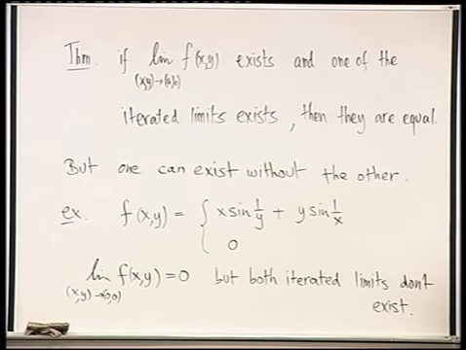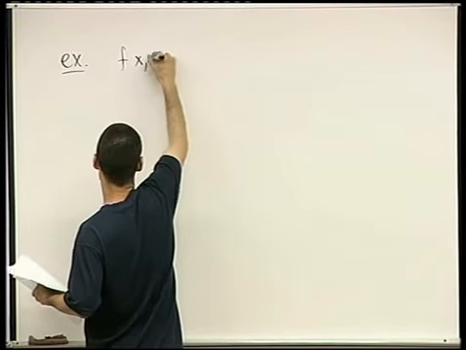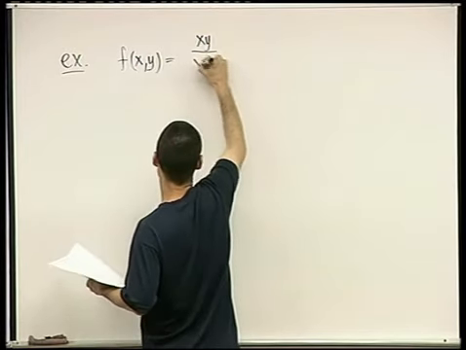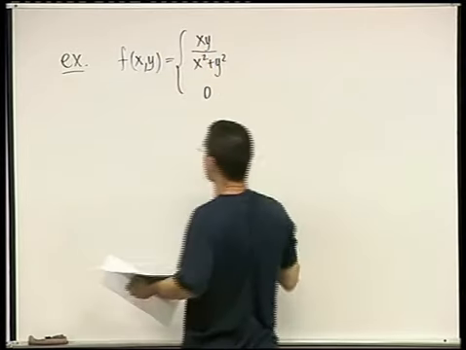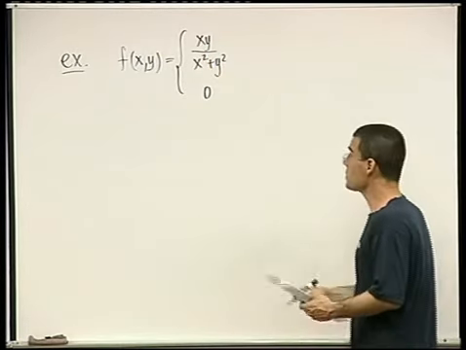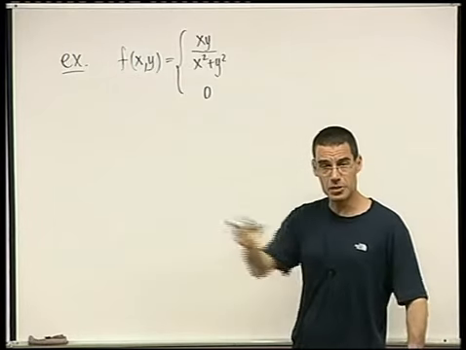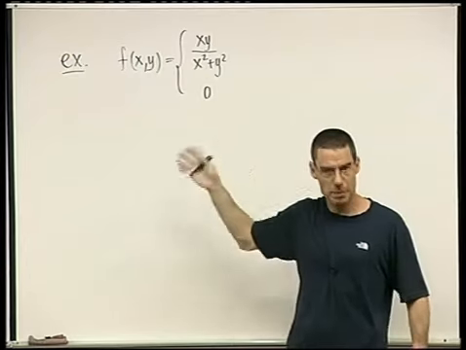And on the other hand, here's another example. If you look at another example we talked about, f(x,y) equals xy over x squared plus y squared at (0,0). This was the example where along different lines approaching the origin, we got different limits, m over 1 plus m squared. Remember that?